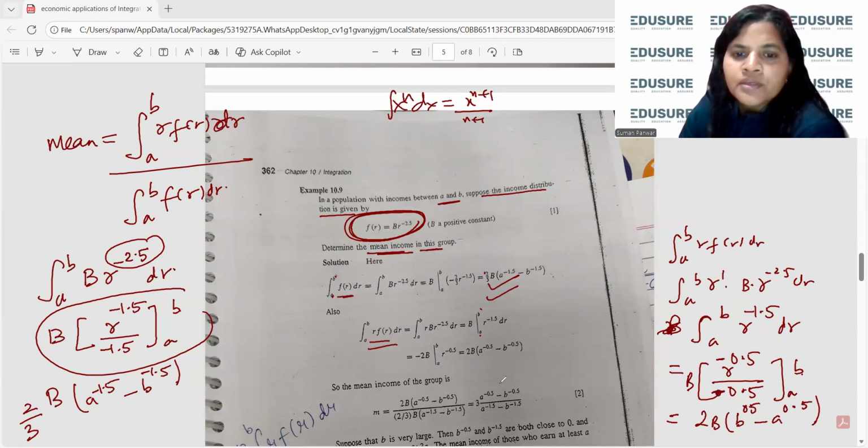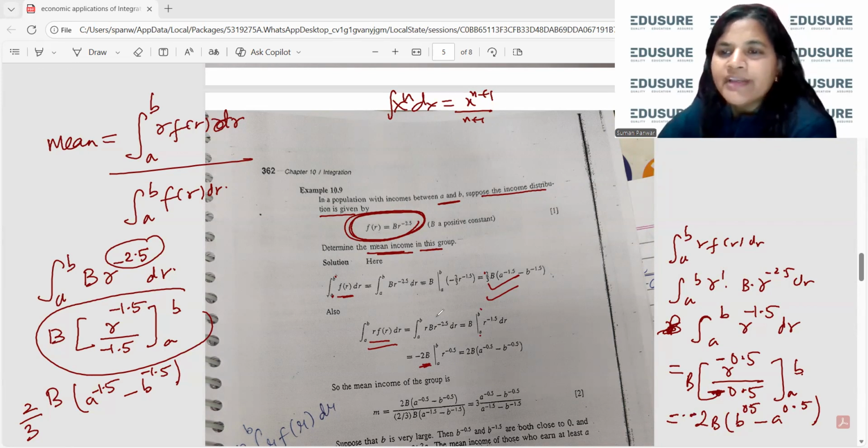We'll be getting this with the negative sign. And now just divide and get the answer.